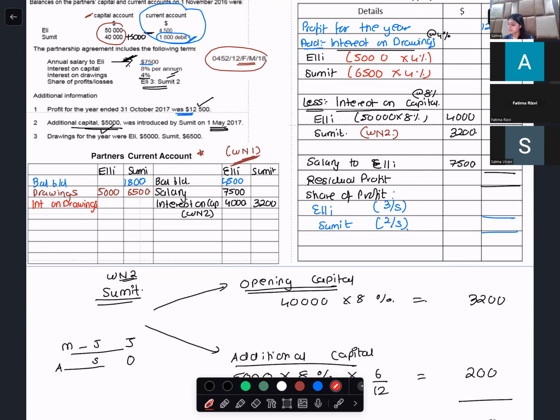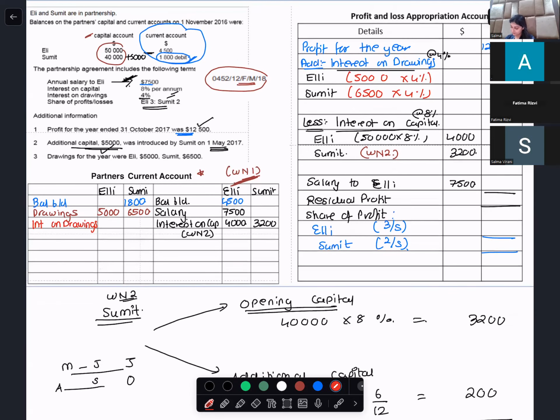How much is it coming up to? For Elli, 200. For Sumit, 260. Total 460. And here don't forget to write share of profit. With me? Yes, miss. Okay, fine.